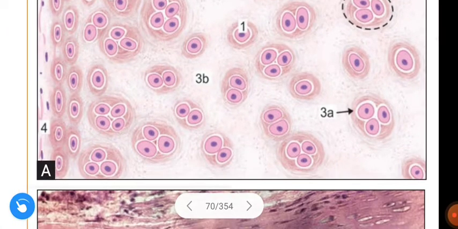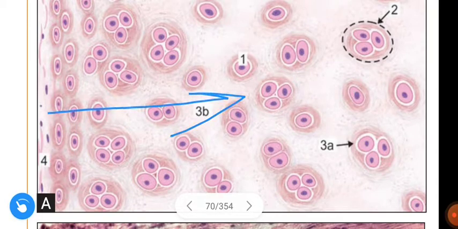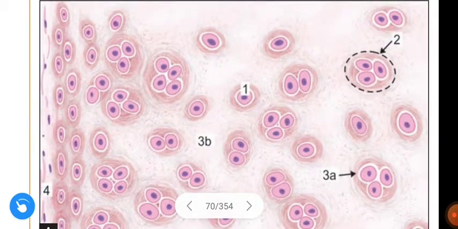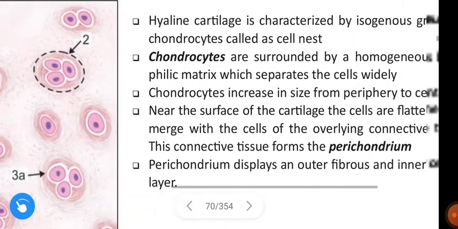If you observe here, the chondrocyte size increases from periphery to center. This is the periphery, and we call this perichondrium. From periphery to center, the size of the chondrocytes increases.